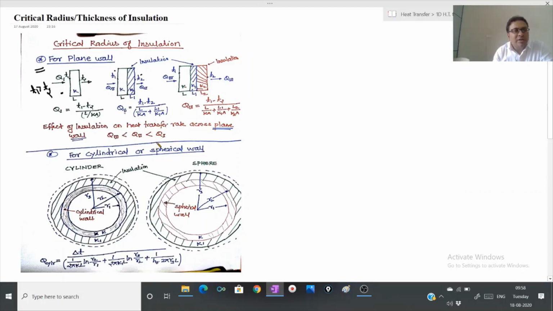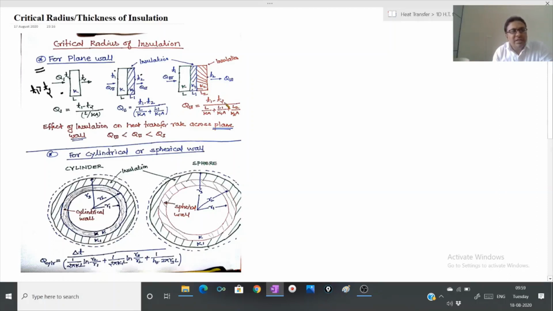The heat transfer rate Q2 in this case will be T1 minus T2 over sum of thermal resistances of these two solid materials, that is L over KA for plain wall and L1 over K1A for insulating material 1.